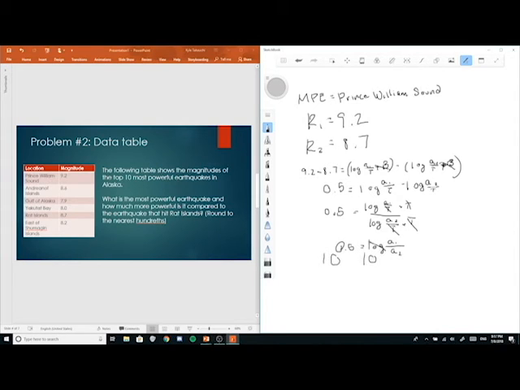We can cancel out the common log because the common log has a subscript of 10, and so 10 would cancel it out.